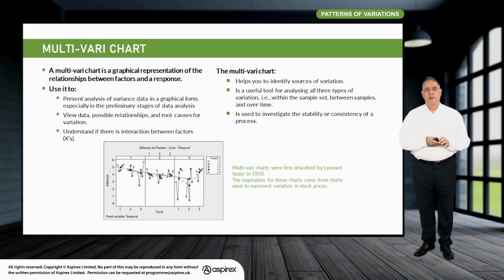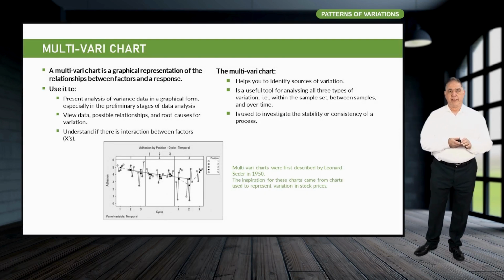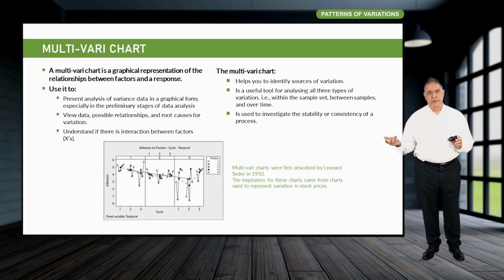Now, the main tool associated with multi-vari analysis is the multi-vari chart. It is a graphical tool that we use extensively during the analyze phase of DMAIC, and it represents the relationship between factors like inputs as well as the response, and the response is what we call the output.